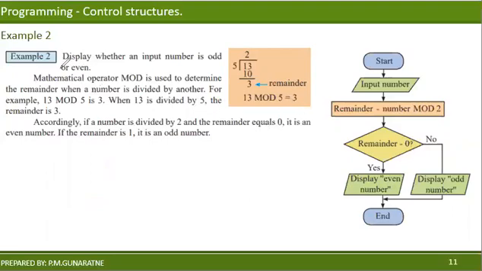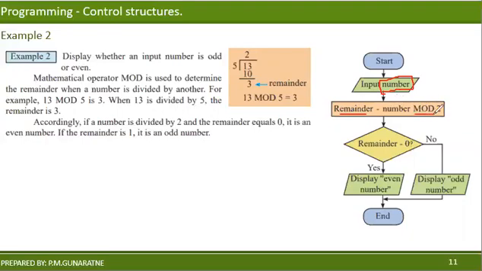In order to do anything, first we have to take the input from the user, which is the number. The number input by the user will be stored in number. Then we get the remainder: remainder equals the number mod 2.